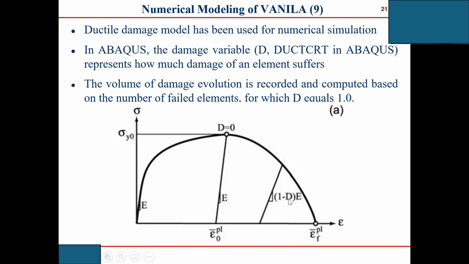The slope equals 0 means that this structure cannot carry any load. When D equals 0 means no damage. When D equals 1 it is fully damaged.